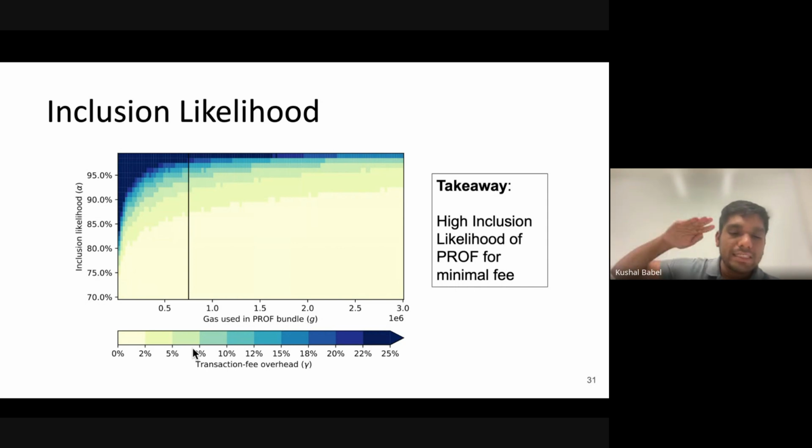Typically, if you look at these simulations or visualizations which show how the bids are improving, the best bid from the auction, how that is improving as the slot goes on, as more and more time passes, the bids improve. At the very end, they don't improve because there's more MEV or you're missing out on MEV. They improve because builders are trying to up their bid for the same block. So the idea is, if you miss out on those kinds of improvements on the bids, then how much do you have to compensate in the fee?